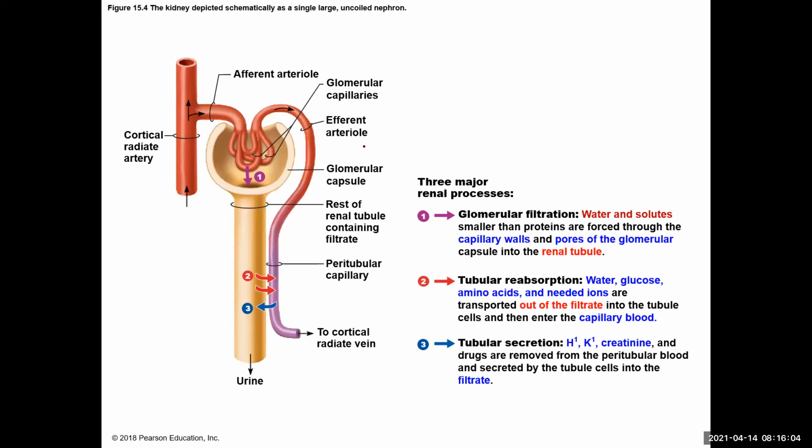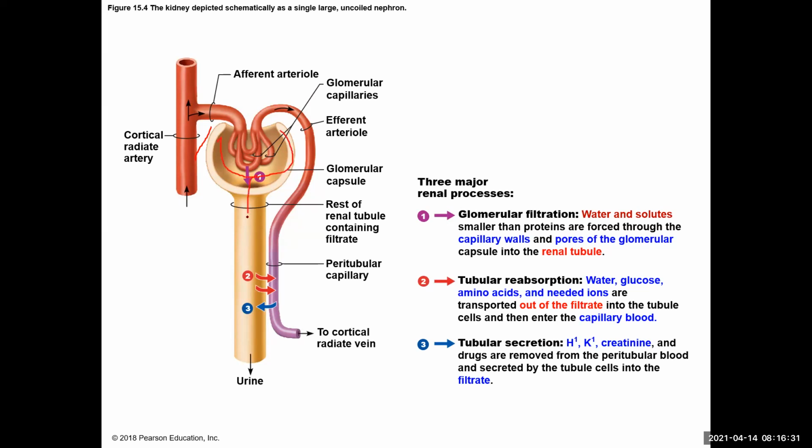Glomerular filtration, as I told you, takes place in the renal corpuscle. Here the blood is simply being filtered. The capillaries here are very porous, so everything will move out except the RBCs and the proteins into the Bowman's capsule.